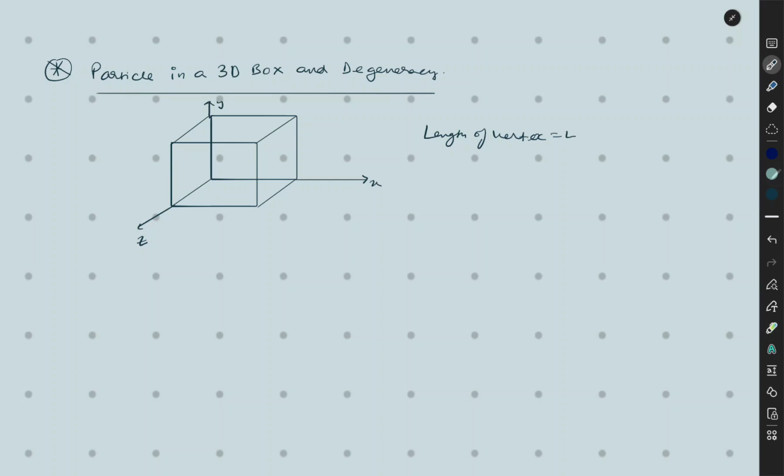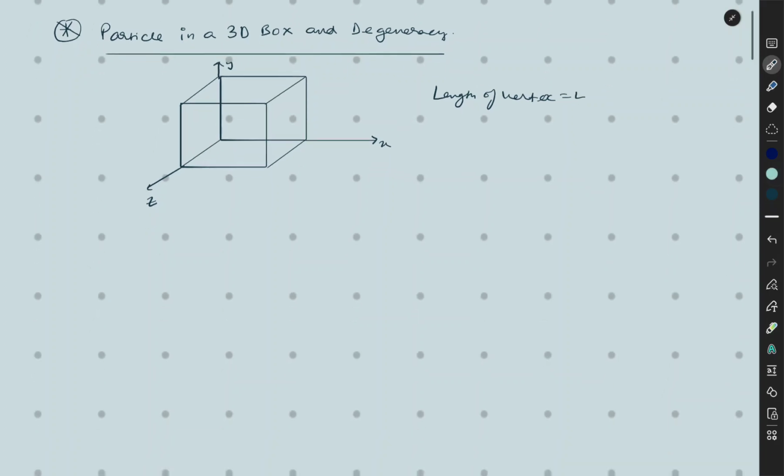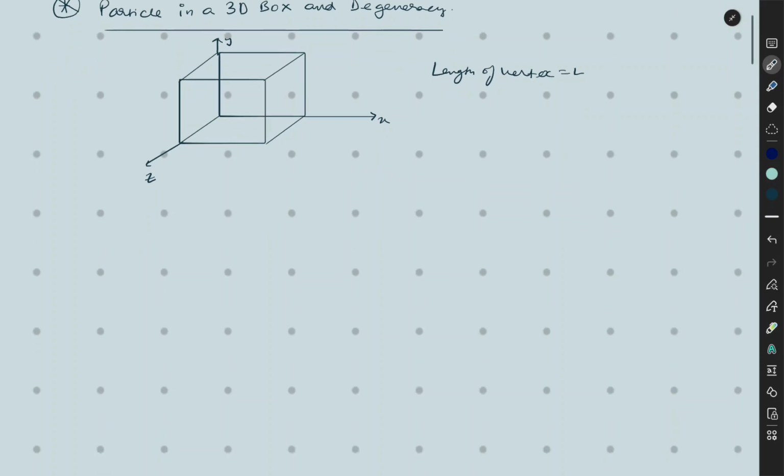So now we will move on with the three-dimensional Schrödinger's equation, that is the time independent one.